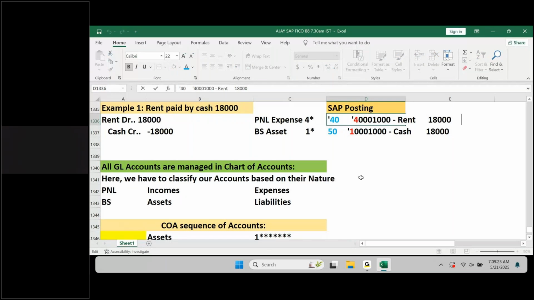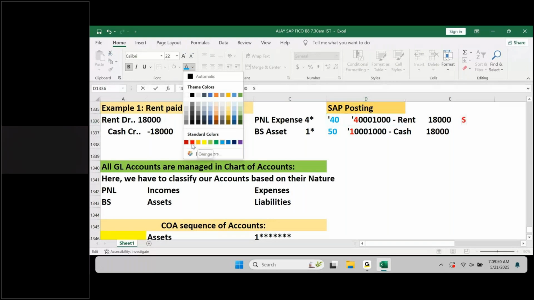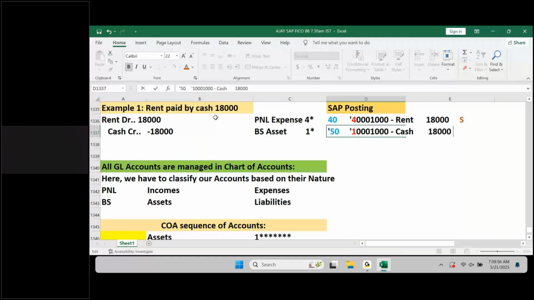One way to identify debit and credit is 40. Another way is the debit credit indicator. What is that indicator for debit? S, not D. For credit, H. The moment the entry is posted, these are automatically updated in the system.